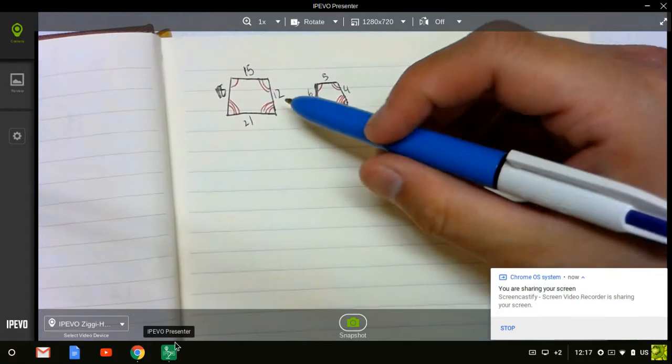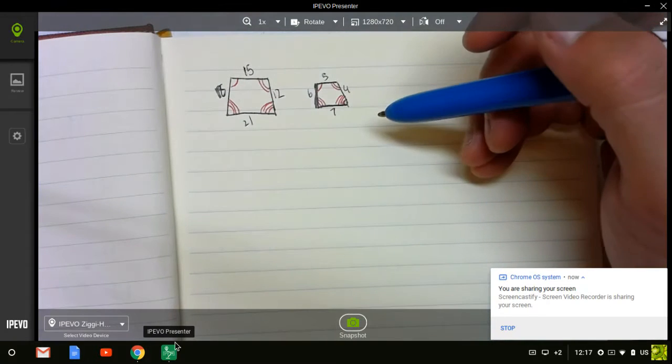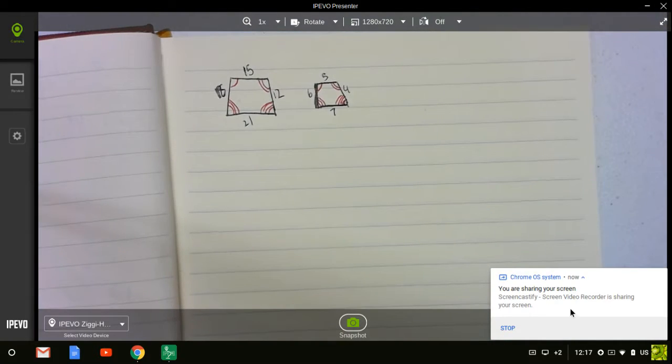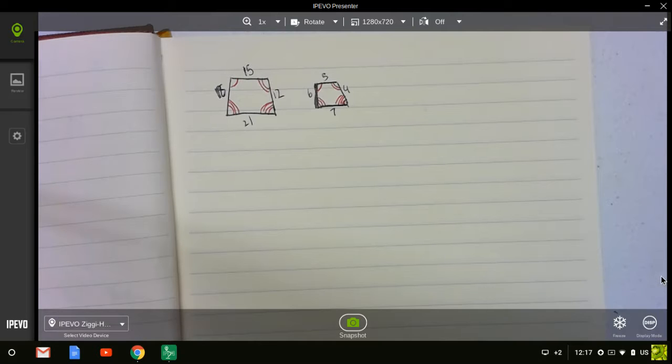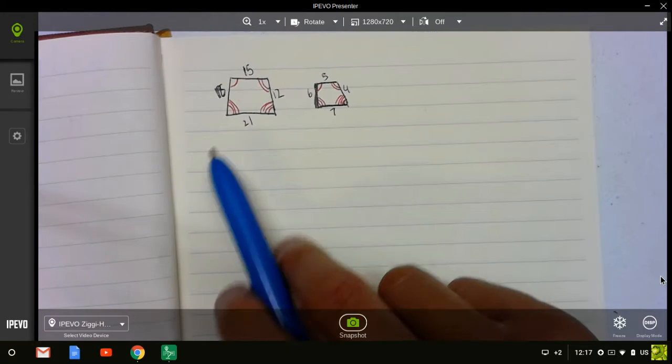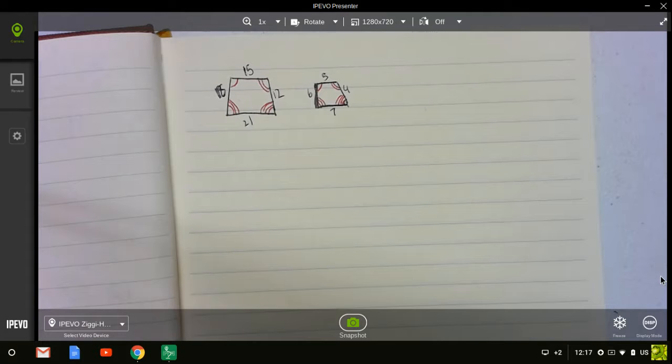I want you to determine if these two shapes are similar or not. So go ahead and pause really quick and prove to me, with a partner or by yourself, that these are similar or not. When you're ready, unpause this video to see the answer.